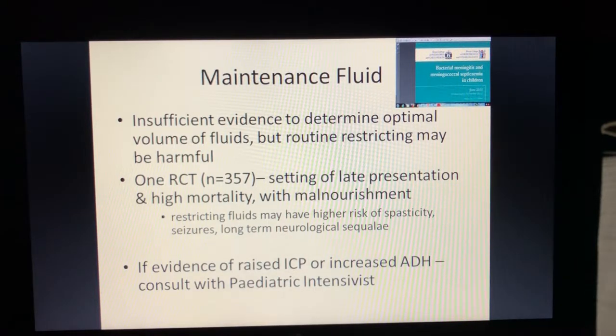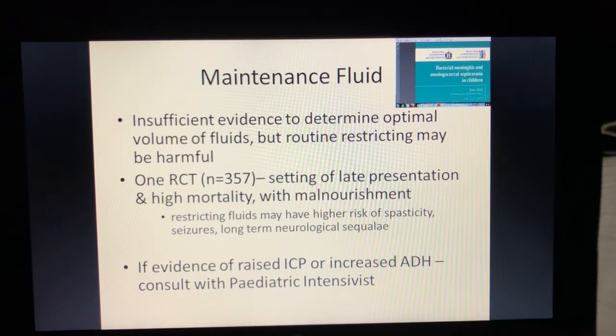What NICE says in addition is that in the context of suspected raised intracranial pressure or hyponatremia, particularly if there's suspected increased ADH or antidiuretic hormone, then to seek expert input from a paediatric intensivist.